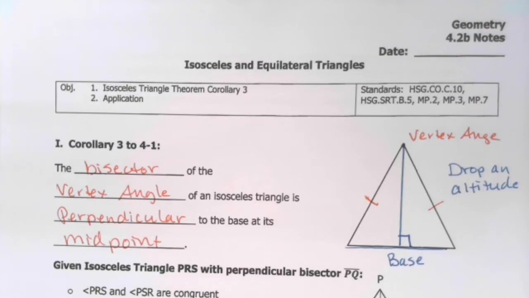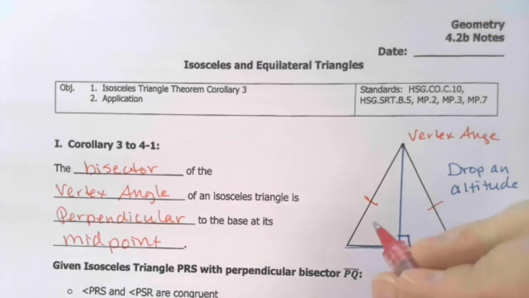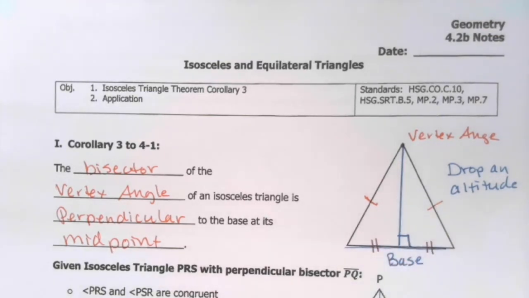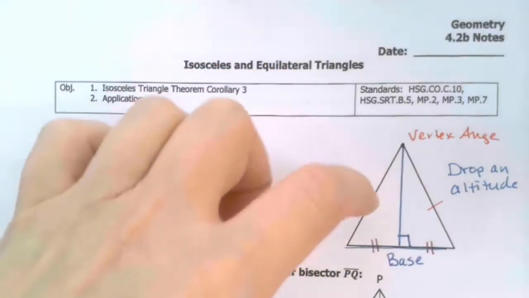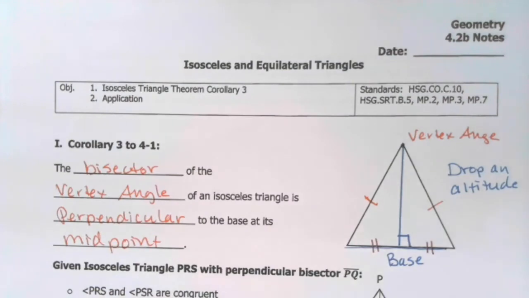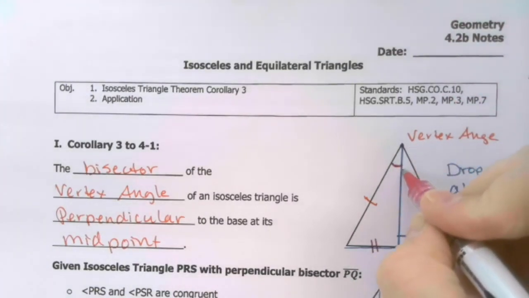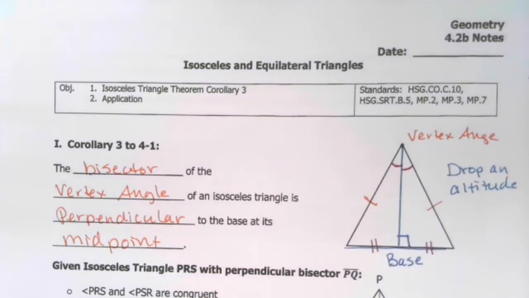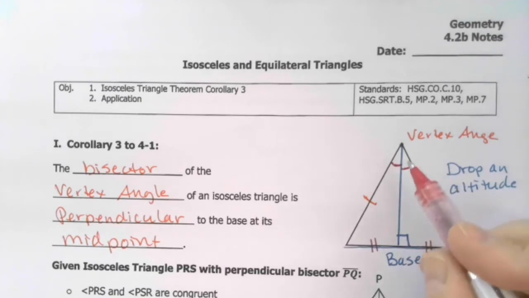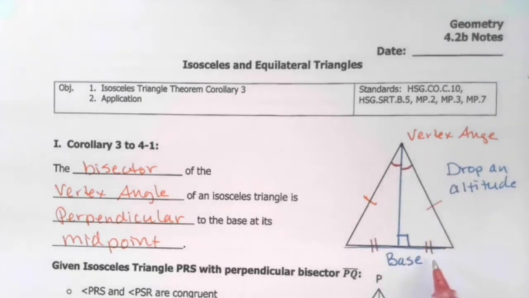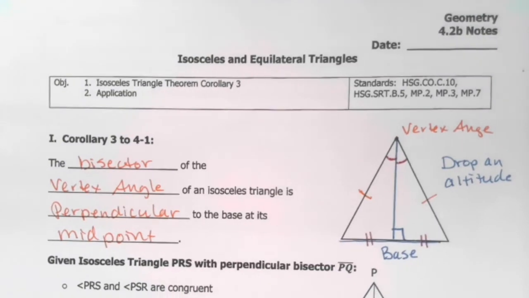It also splits the base into two equal pieces, which gives you two congruent triangles. The angles at the top are also the same, because this is a bisector, by the definition of an angle bisector. So it's perpendicular, it bisects the top angle, it bisects the opposite side, and you have two lovely right triangles.